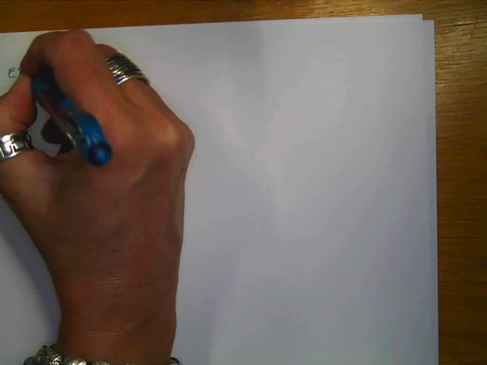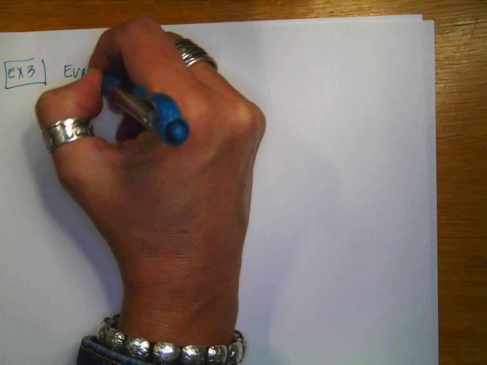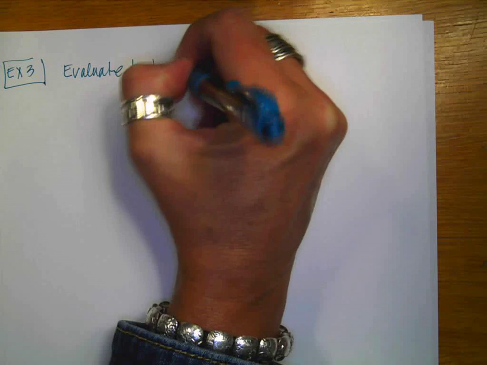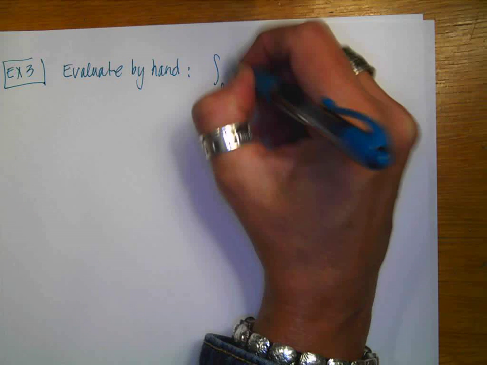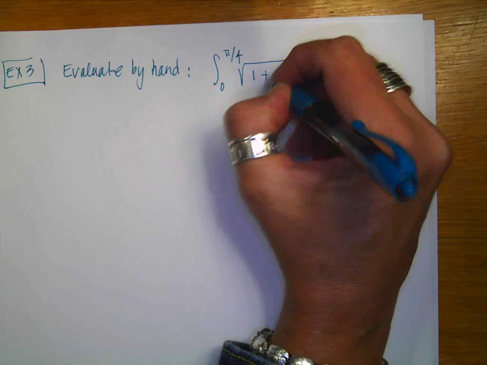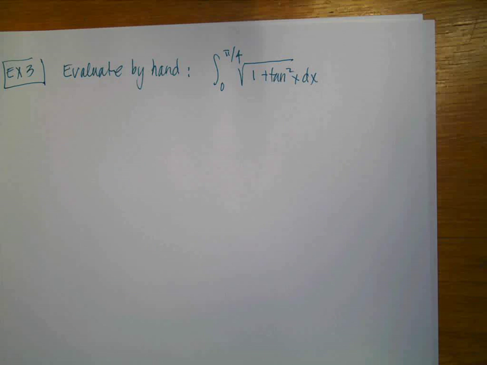All right, so we have a couple more examples, kind of a short video today. The third example says evaluate, and of course we're going to do it by hand because we can. We're going to have the integral from 0 to pi over 4 of the square root of 1 plus tangent squared x dx.